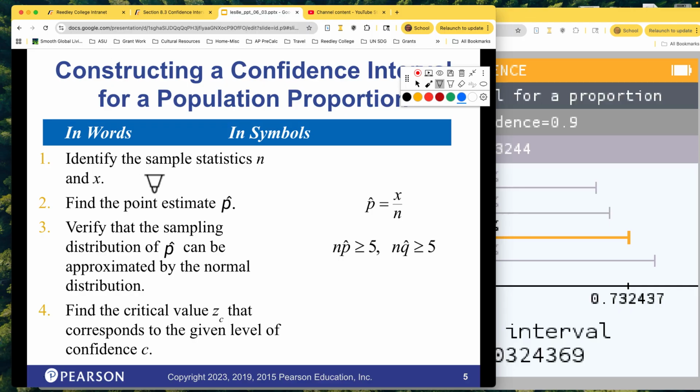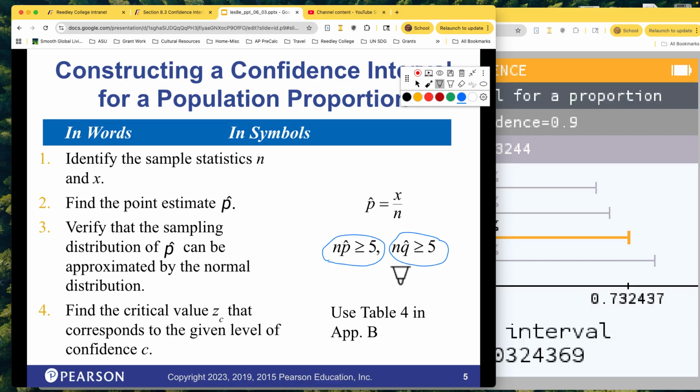There is also a thing, let's see. Go back. We can really only use this if the sample size times p hat that we come up with is greater than or equal to 5, and the sample size times q hat. Well, both of these have to be true, have to be greater than 5. So if your sample size is small enough, and it just depends on your proportions, right?